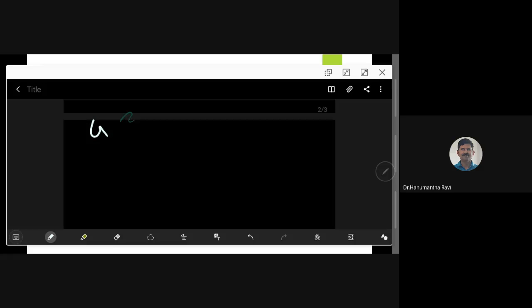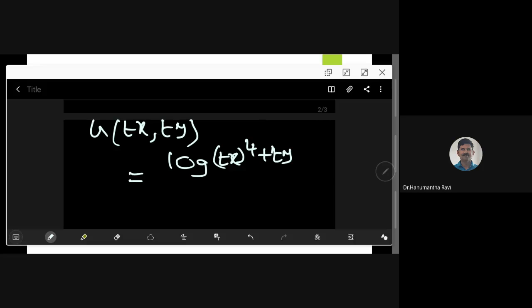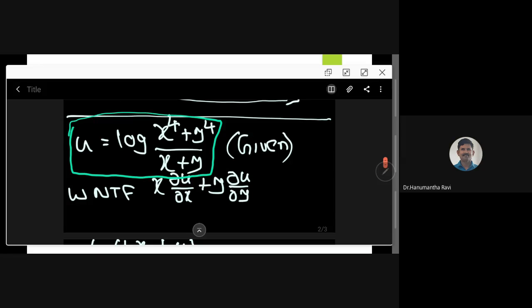what we need to do? We need to find u of tx comma ty, which is log of tx whole power 4 plus ty whole power 4 by tx plus ty, because in place of x we need to put tx, and in place of y we need to put ty.